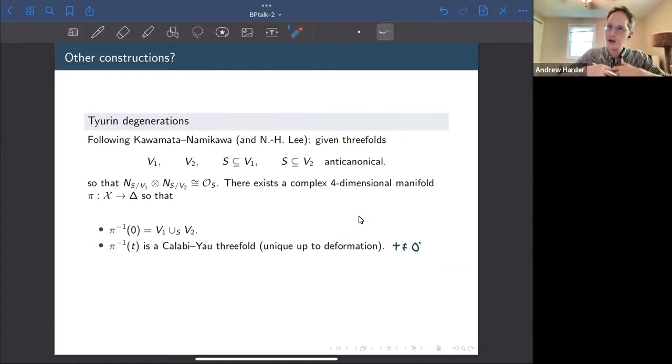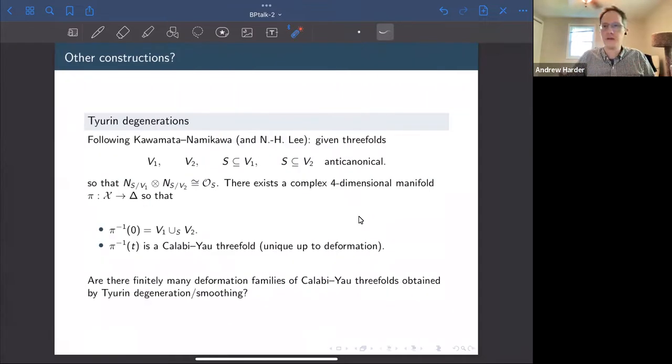So from such a pair, I can smooth and get a deformation family of Calabi-Yau threefolds. This is one very nice class of Calabi-Yau threefolds that we can construct starting from simpler pieces of data. And it's not hard to figure out what this data is.